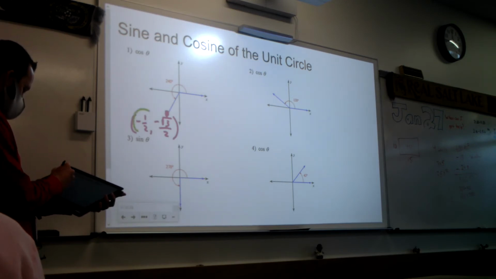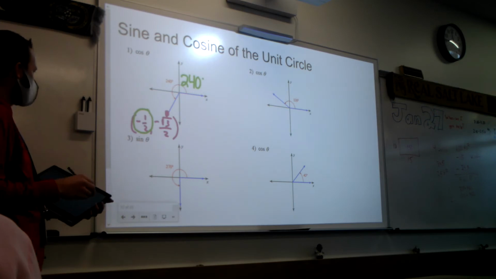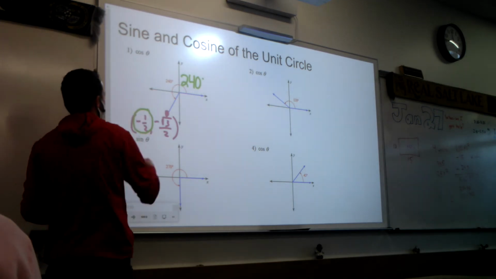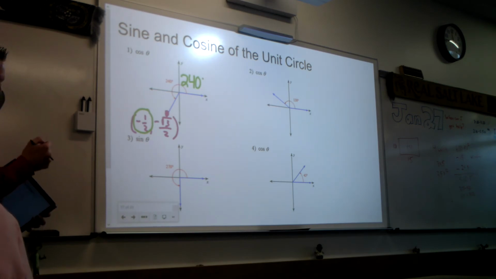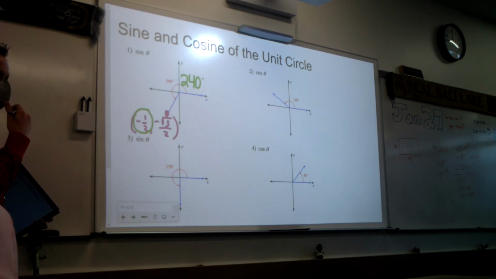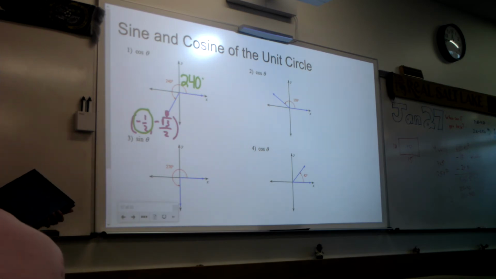There you go. Yeah, so sorry, I'll write that bigger. That's 240 degrees. And so Skylar told us the coordinates. We're doing cosine, which is the x. So I'll just plug that in. And if you want to check it on your calculator, putting cosine 240, it'll give you negative 0.5, which is negative 1/2. Nice. Thanks for your help.